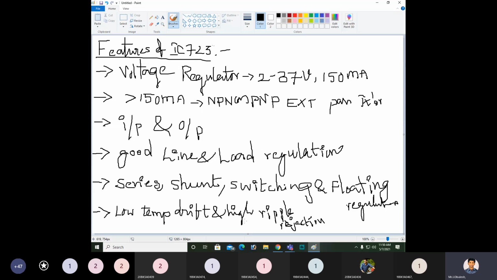Coming to the third point, input and output short circuit protection is provided. And the fourth point is it has good line and load regulation, that is 0.03%. And it is used in a wide variety of applications of series, shunt, switching and floating regulators. And the last point is low temperature drift and high ripple rejection.